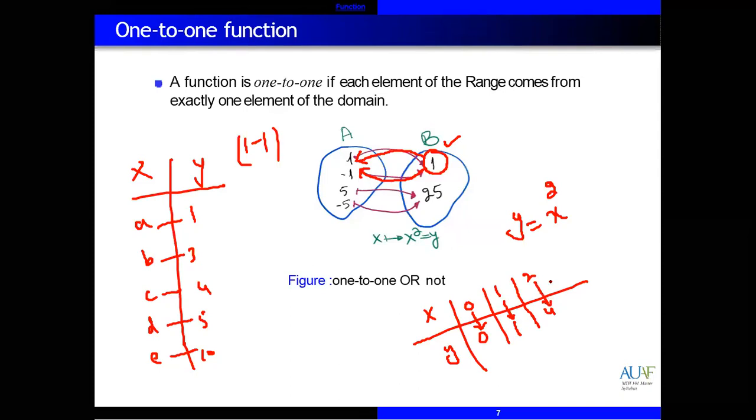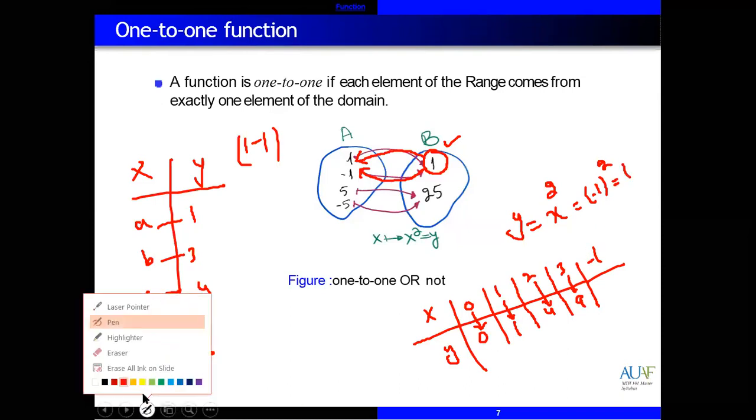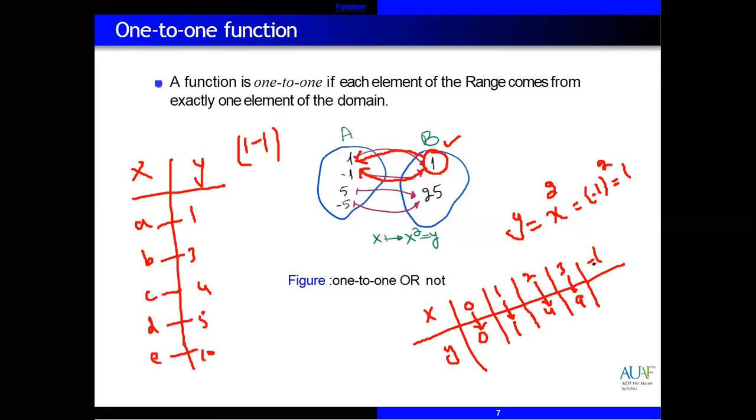Same when x is equal to 3, 3 is with 9. But if you give negative values, like minus 1, minus 1 whole square equals what? 1. So minus 1 is also in relation with plus 1.